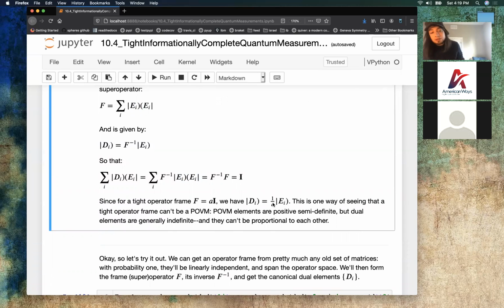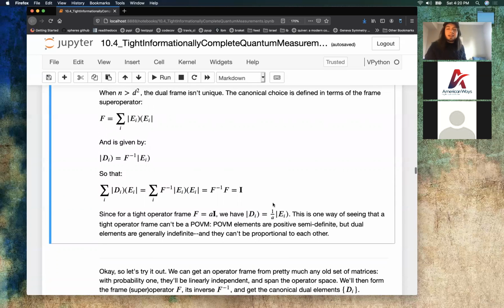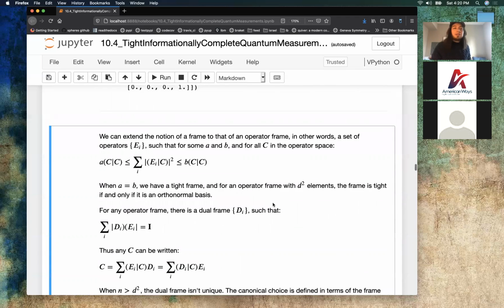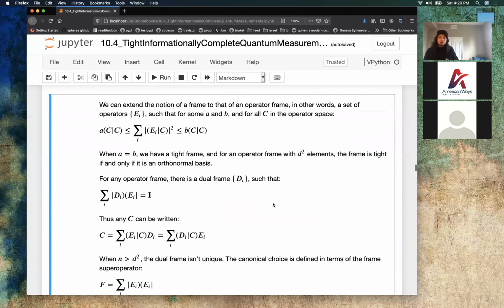And if you recall from something I mentioned previously, or last time, this means that a tight operator frame can't be a POVM, because POVM elements are positive semi-definite. And in general, their dual elements have to be indefinite. Okay, and so therefore, they can't be proportional to each other. All right. So we generalized the notion of a vector frame to that of an operator frame.